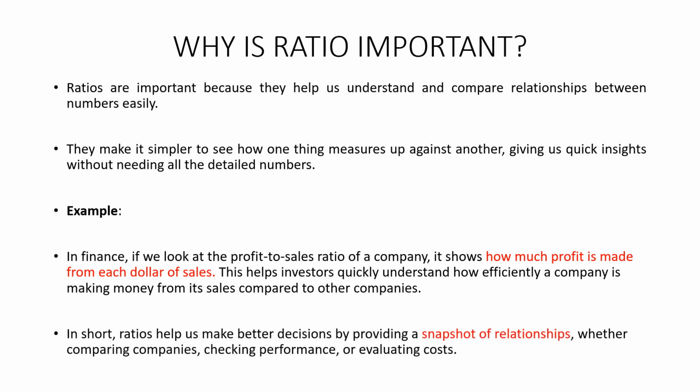In short, ratios help us make better decisions, providing a snapshot of relationships, whether comparing companies, checking performance, or even evaluating costs. As we proceed further, don't worry, things will get a lot easier. Excellent.